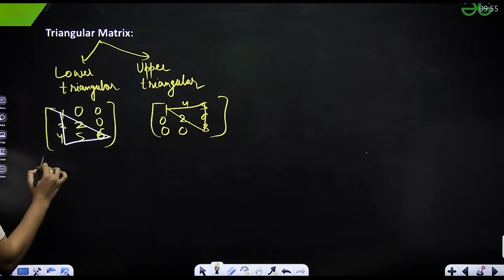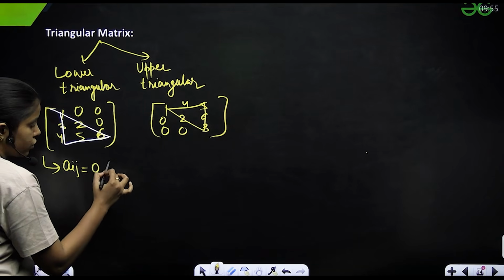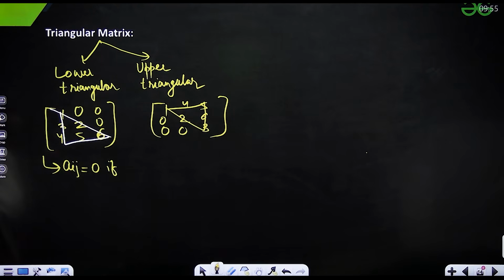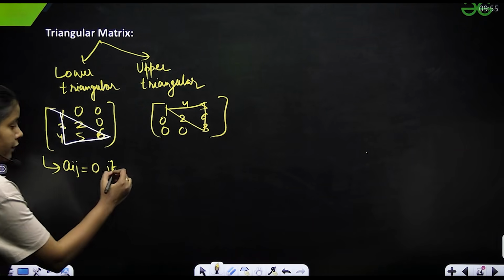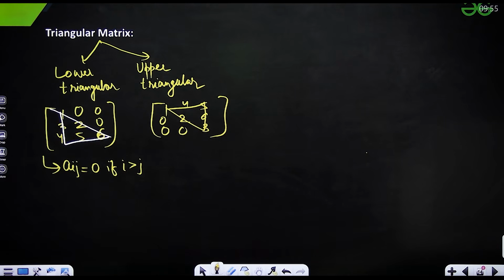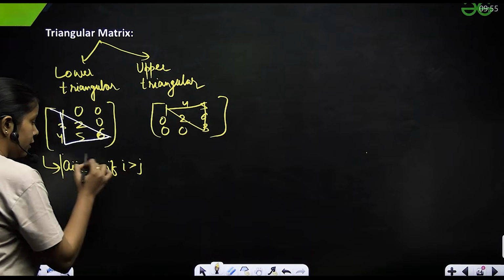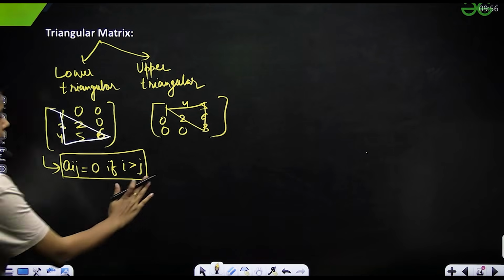So the definition of lower triangular matrix: can I say that Aij is equal to 0 if... which entries are 0 in lower triangular? Like you can see that this is A12, A13, A23. If i is greater than j... no, I wrote it the other way around.